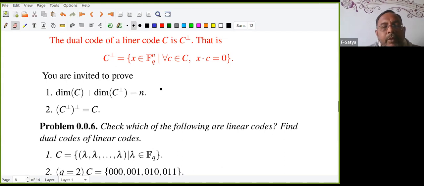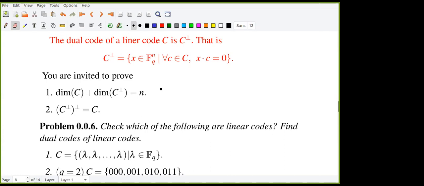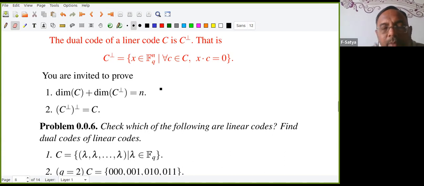Now try these questions. Dimension of C plus dimension of C-perp equals n. Do you agree? Yes, sir. Then we need to prove it also.